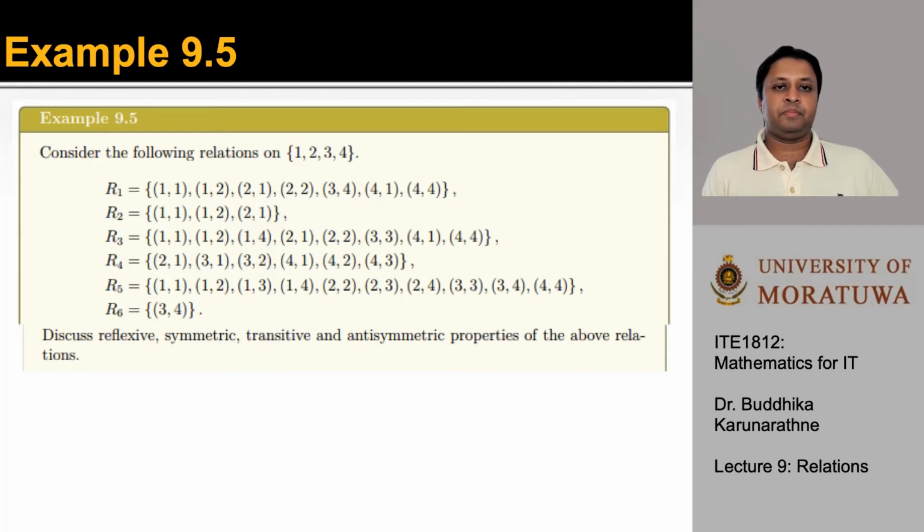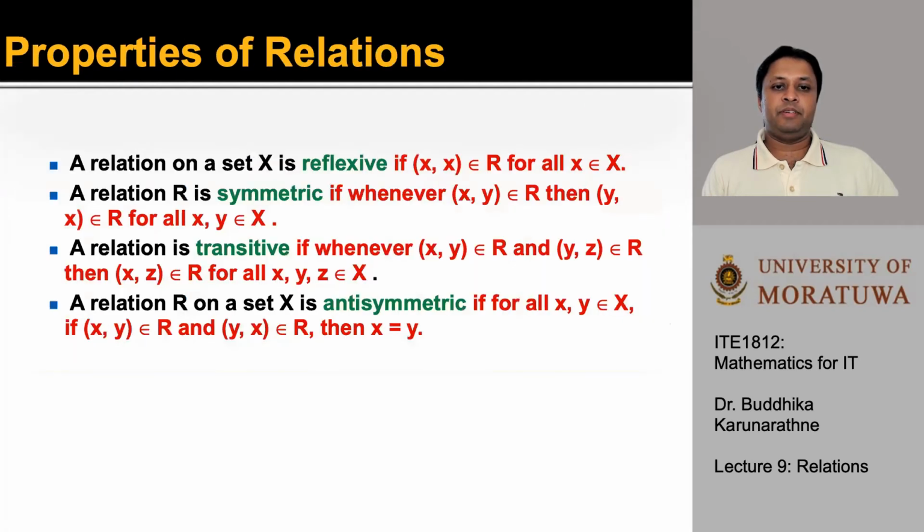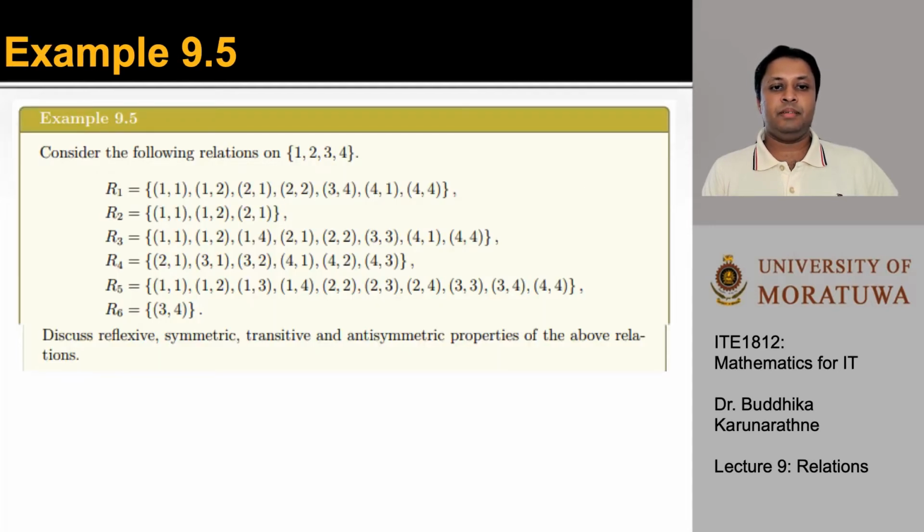So R3 is a reflexive relation, and if you examine in a similar way, R5 is also reflexive. And then symmetric. What do we mean by symmetric? Whenever (x, y) is in the relation, then (y, x) should also be in the relation for all x and y. Let's take, for example, R2. You have x and y to be 1 and 2, and you see that in R2, you have (1, 2) as well as (2, 1).